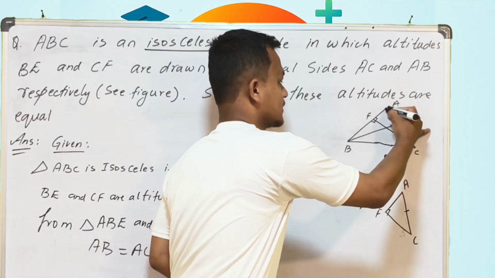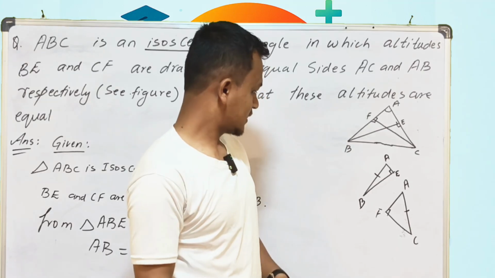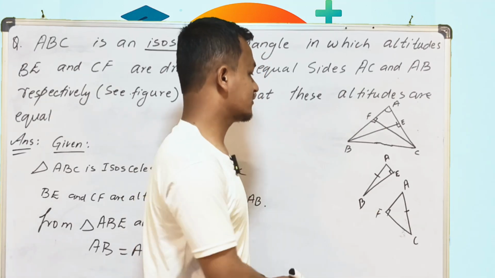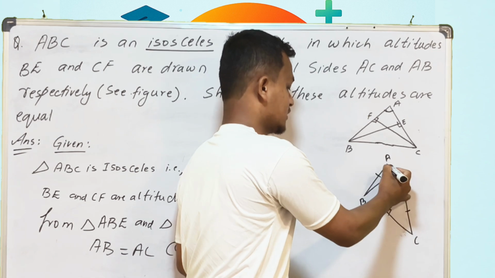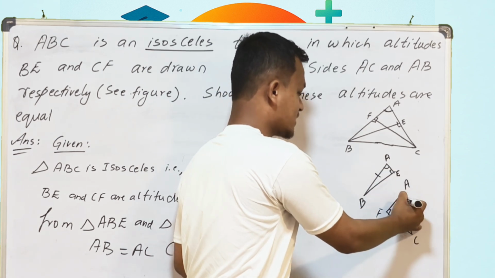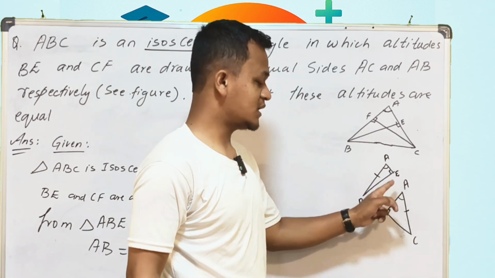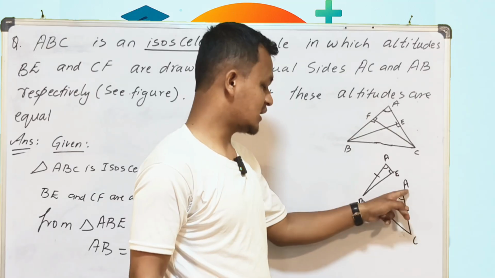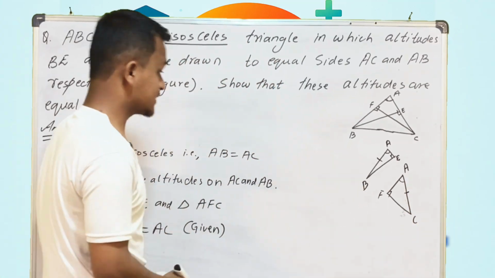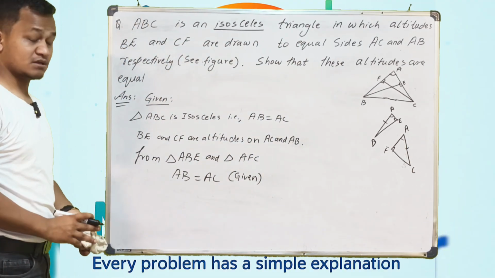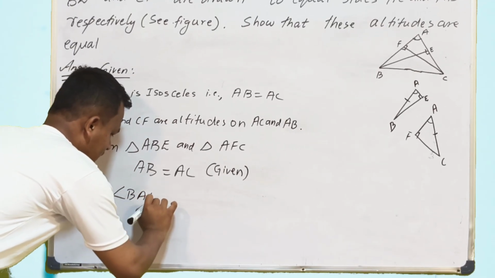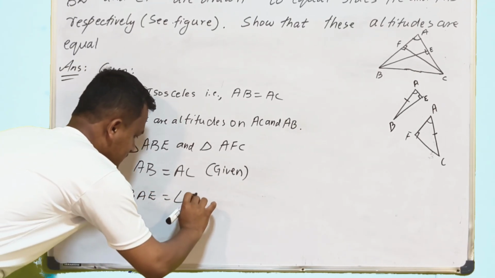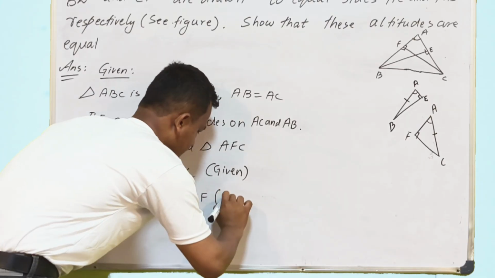BAE is nothing but this angle, and CAF is also the same angle. If they are the same angle, they must be equal. So angle BAE is equal to angle CAF. The reason is, since it is a common angle.